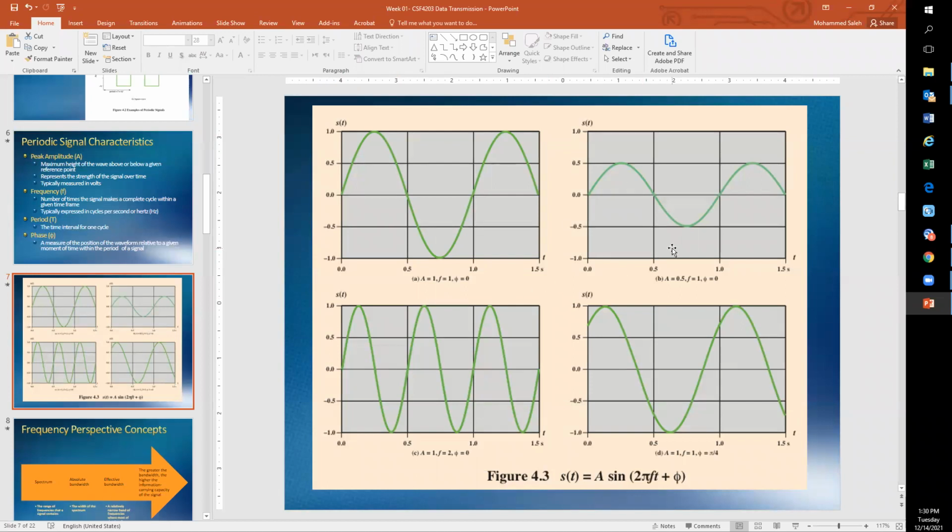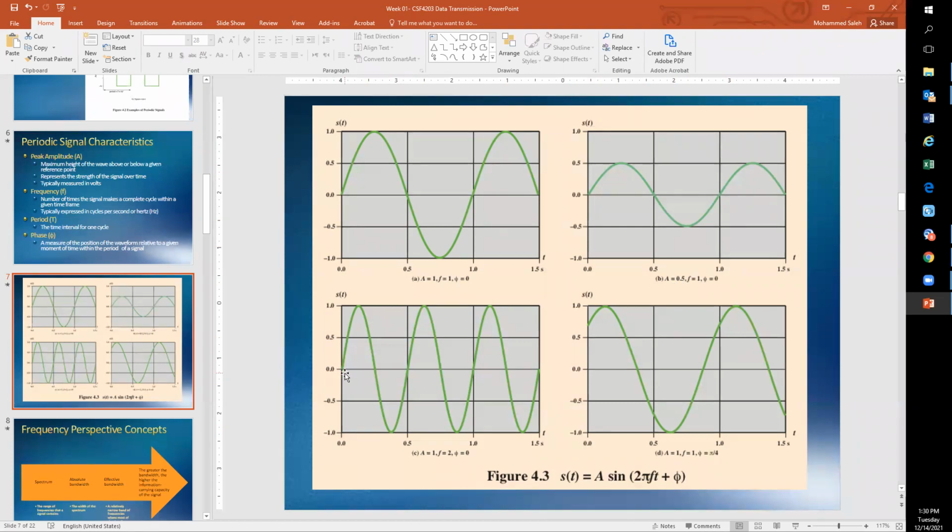For the second one here, the time needed again to complete one full cycle is 1 second. So the frequency is 1 over T, so it is 1 again. The amplitude here is 0.5 volt. Now this next one is a faster signal, because it has a higher frequency.